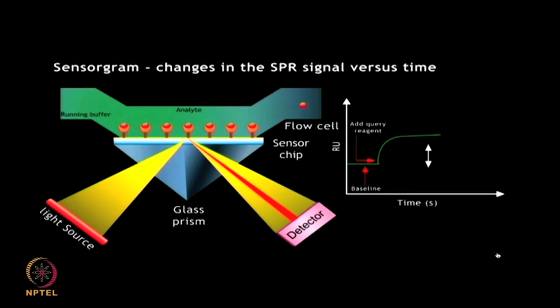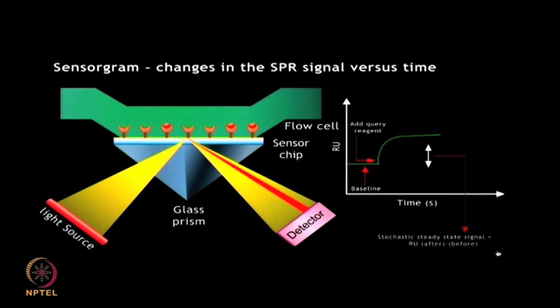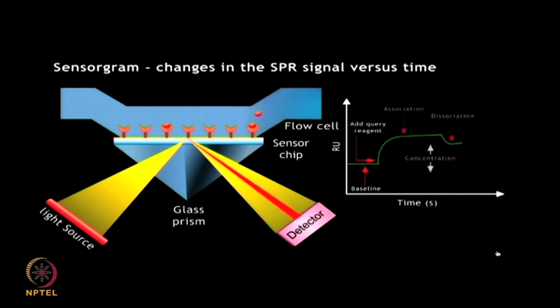When running buffer is further added, the bound proteins are dissociated, which can be seen as a dissociation rate in the graph, which is represented by off rate or Koff.